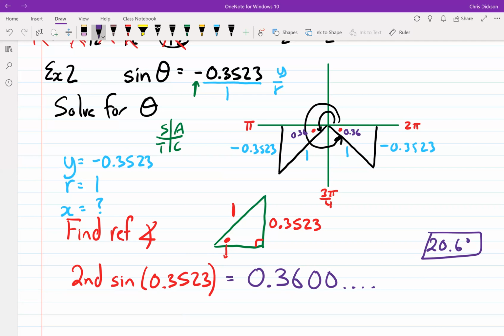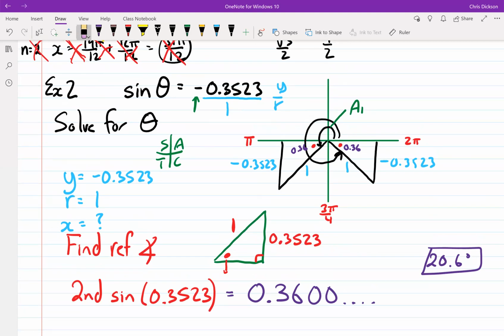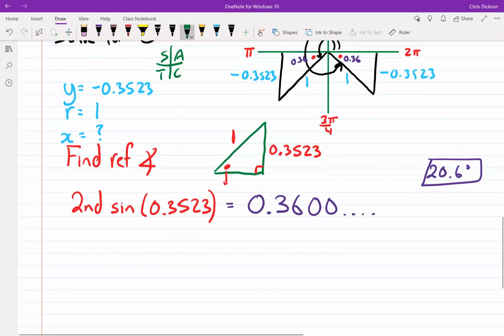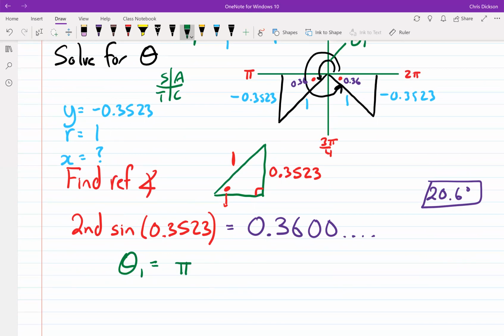Okay. So now we need to find out the first angle. So the first angle would have been that angle there. Let's call it theta 1. So the first angle theta would equal pi plus the reference angle, because notice you're in quadrant number 3. So we take pi and we add that number to it.